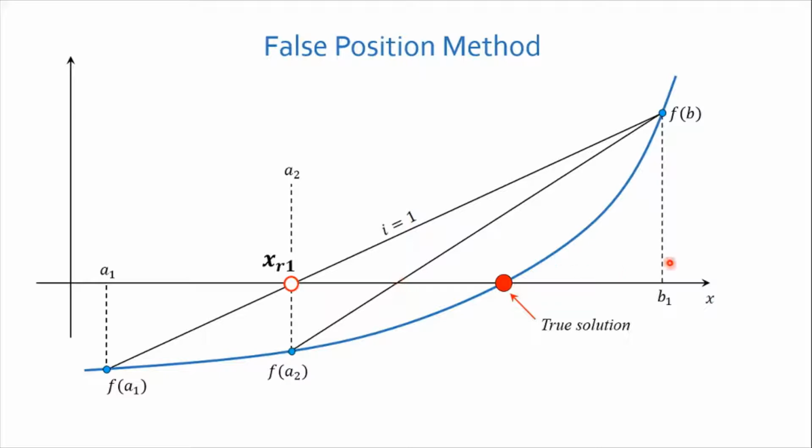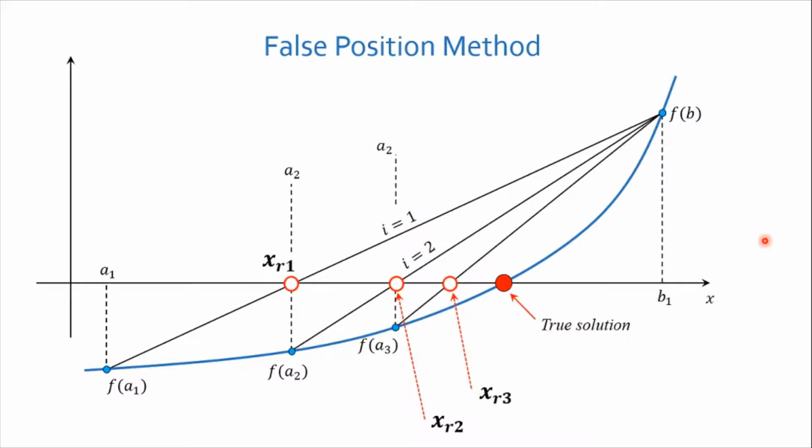That point wherein the straight line touches the x-axis becomes our second estimate of the root. Continuing the process, as our process continues, the approximate root gets nearer and nearer to the true solution of the function.